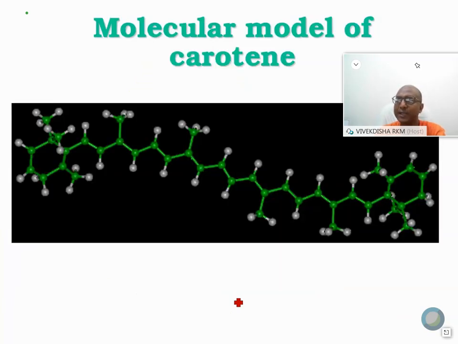If you want to see carotene and its model, this is carotene. If you like to make projects, you can make these kinds of models and present how they absorb, how they release electrons, and how they carry out the process of photosynthesis properly. So these are the things we find in photosynthesis, and also in chloroplasts.